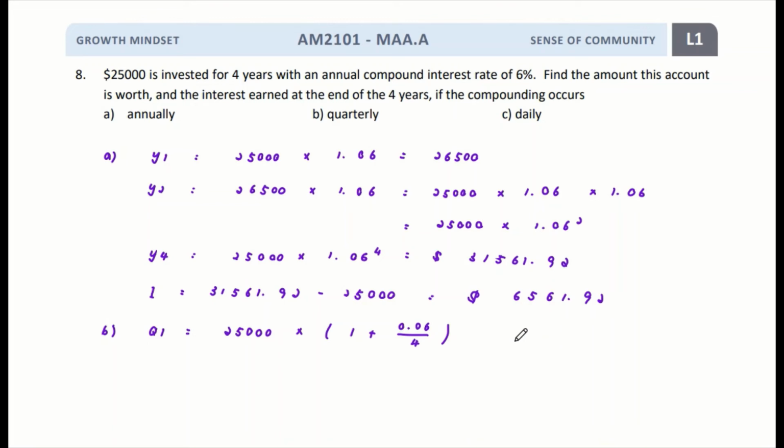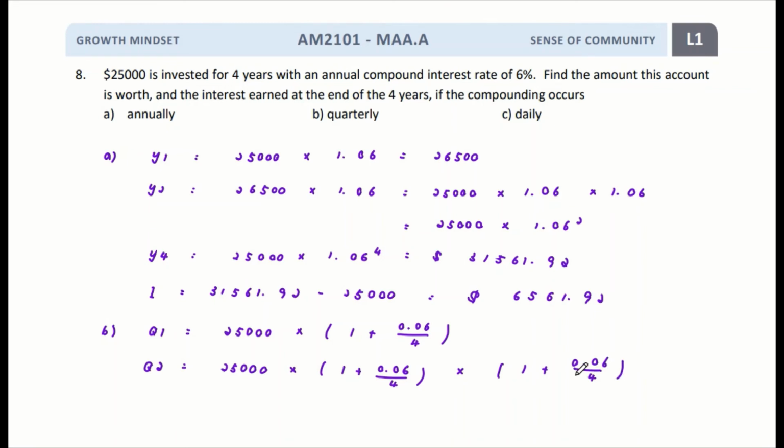So the same thing by using the idea for compound interest, when you are getting your Q2, you'll be using this value, the total value that you have in your account after the first quarter. You'll be using this whole value, then you multiply another ratio, again 1 plus 0.06 over 4.